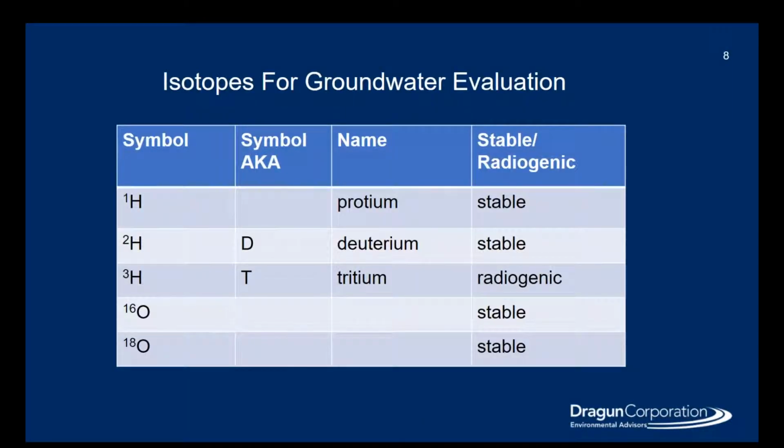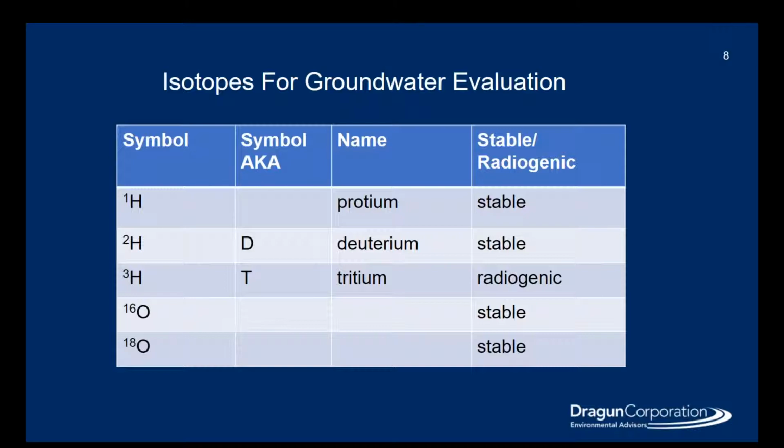So the isotopes that we're looking at are, as I said, hydrogen and oxygen isotopes. Hydrogen has 3 isotopes, H1 called protium, H2 called deuterium, and H3 called tritium.